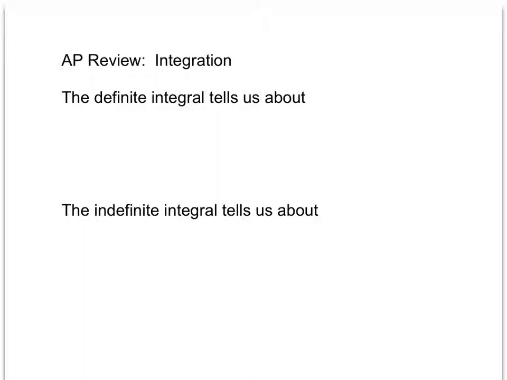But just to get started here, remember that we have two different types of integration. The definite integral gives us a numerical value. It's a number, and that number tells us the signed area between a curve and the x-axis.